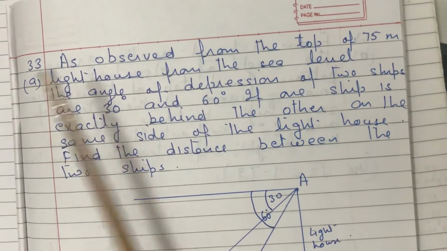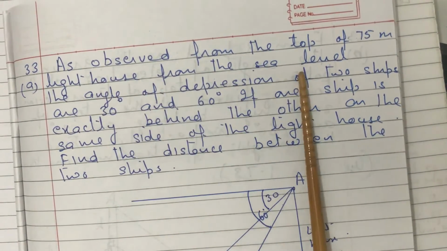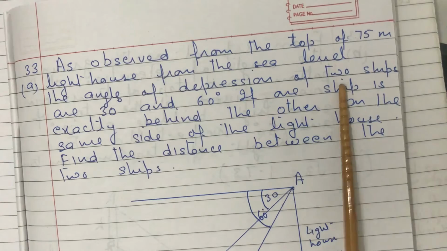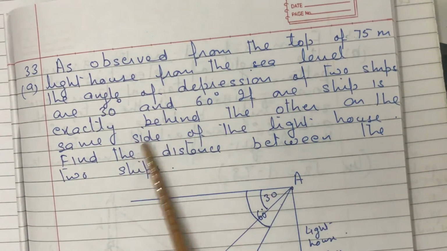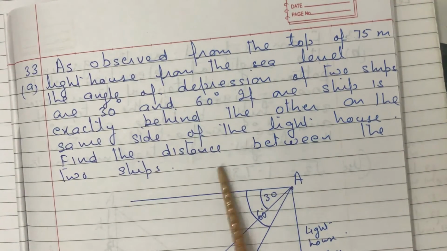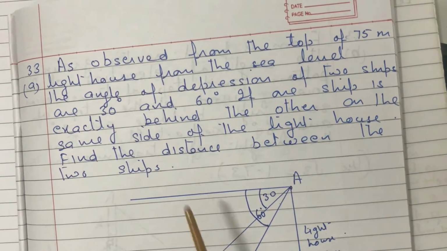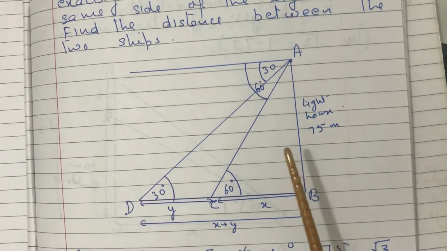Question number 33. As observed from the top of a 75-meter lighthouse from the sea level, the angles of depression of two ships are 30 degrees and 60 degrees. If one ship is exactly behind the other on the same side of the lighthouse, find the distance between the two ships. Now you all can draw this figure. You all know how to draw the figure. We have two triangles.